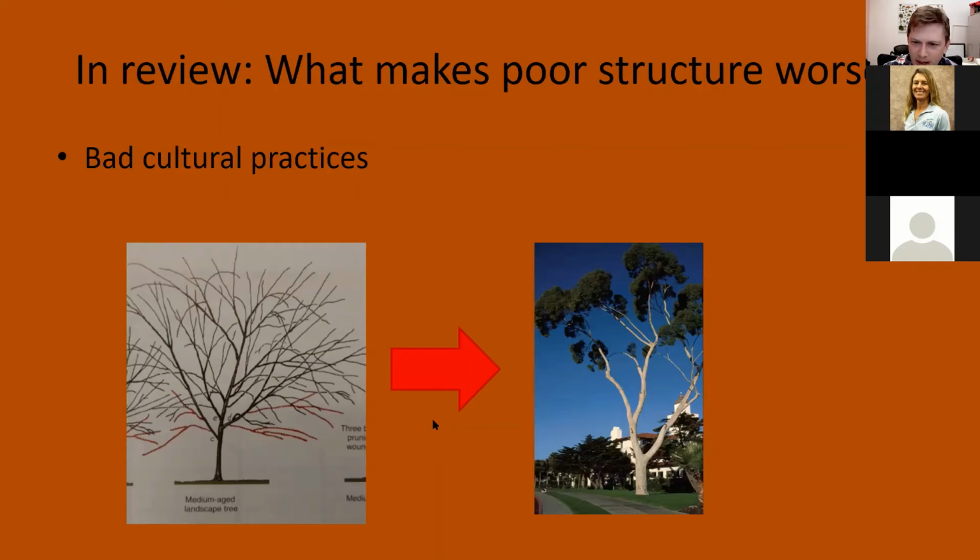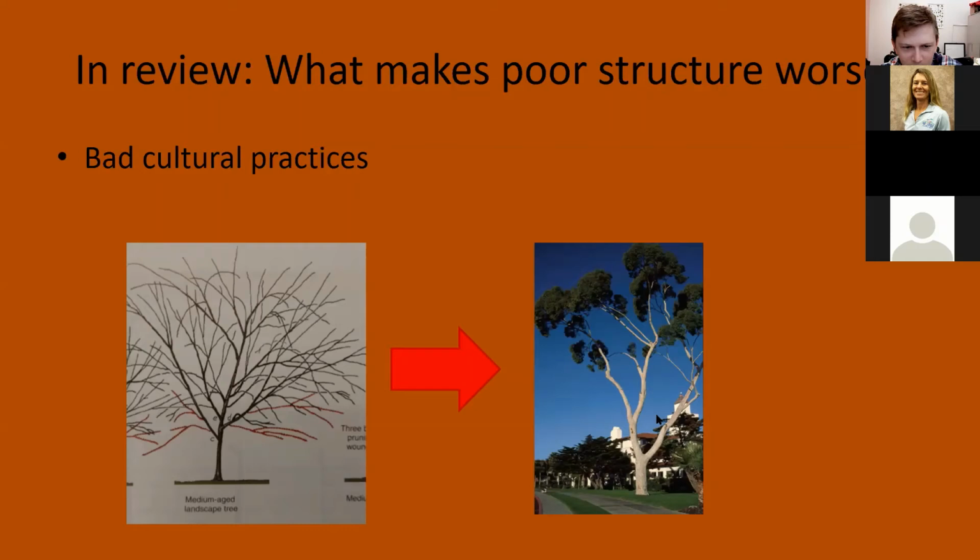Anyway, bad cultural practices can make these conditions a lot worse, because what happens a lot of times is we try to compensate for what could have been done over the long term, and we do something reactionary, but this tree hasn't had time to grow in the proper ways. It's almost like if you tried to train this tree for a marathon, the most stressful thing you can make it go under in less than a week.